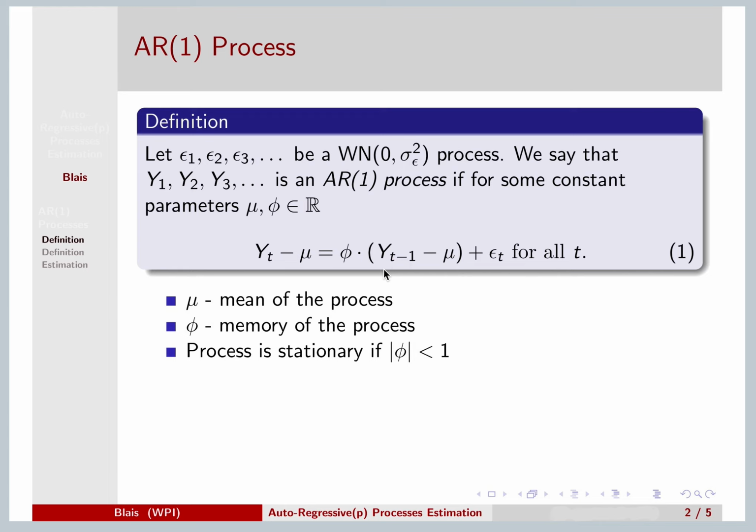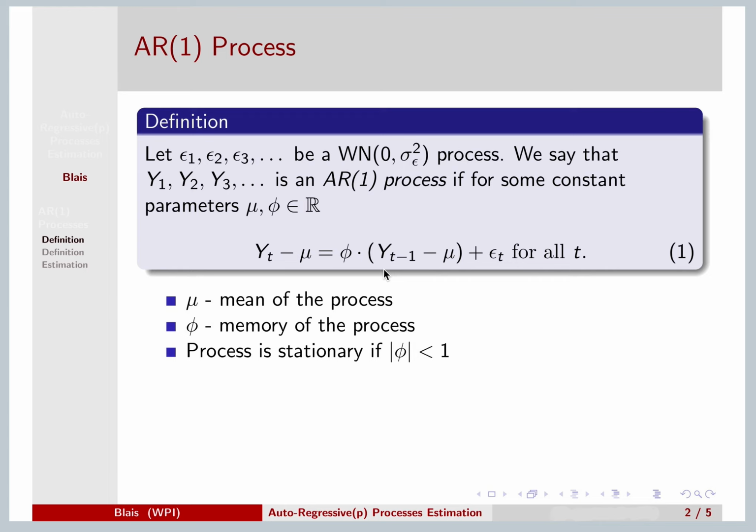So this builds in, we call phi the memory parameter, because the way y differs from its mean today remembers some of how it differed from its mean yesterday. And we had the condition that this process y_t is stationary if phi in absolute value is less than 1.